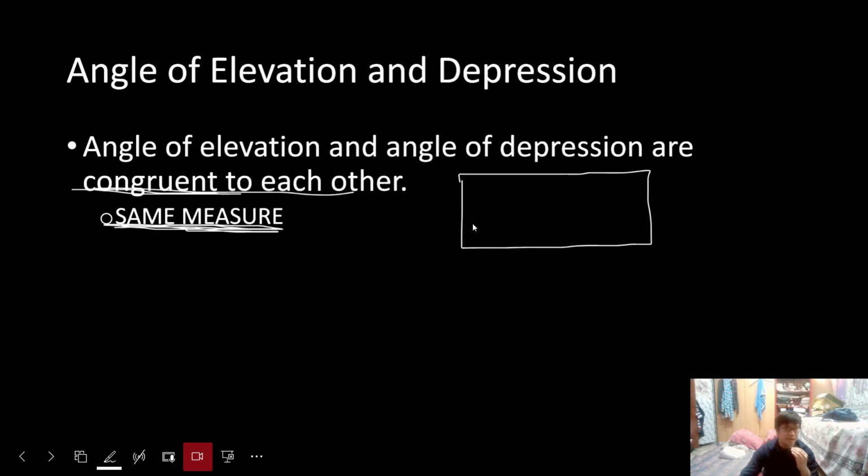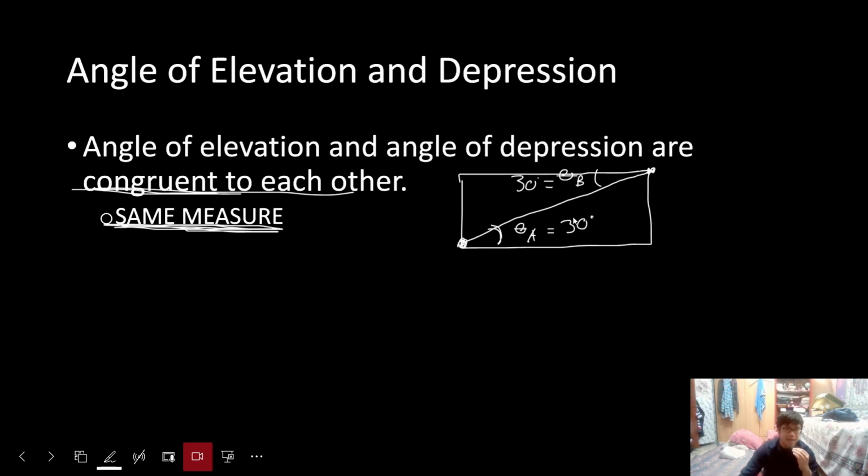Now, imagine there is one diagonal line whose endpoints are vertices opposite to each other, basically a diagonal line that connects this point up to this point. If I have angle A and this one is angle B, if angle A is, let's just say, 30 degrees, then angle B is also 30 degrees.